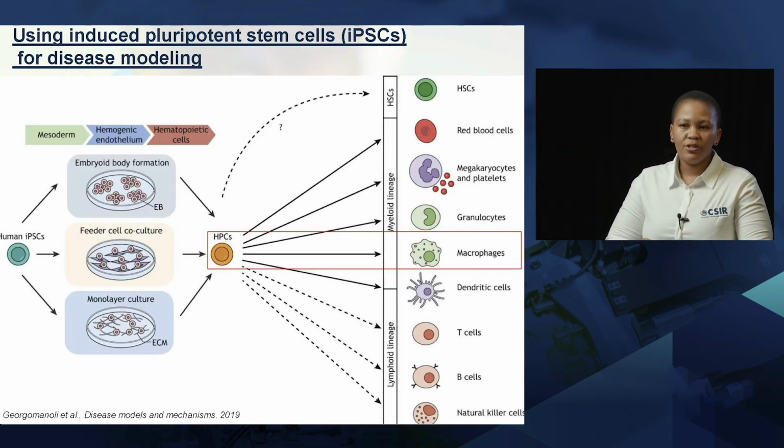For our research, we'll be using the human iPS cells, the induced pluripotent stem cells, and differentiating them into macrophages, which are part of the haematopoietic progenitor cells.